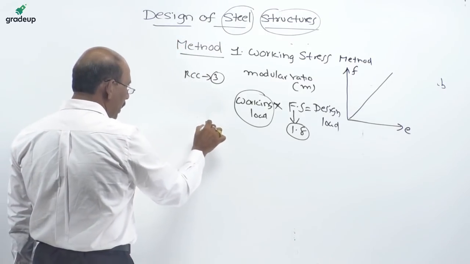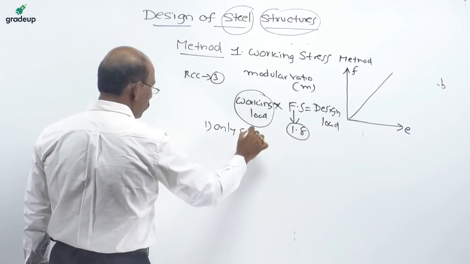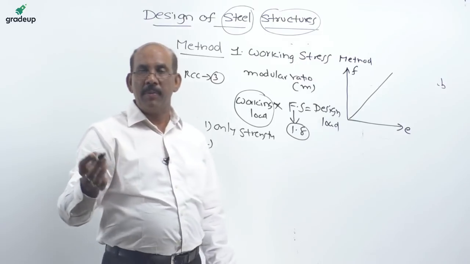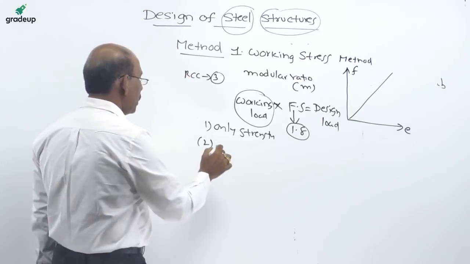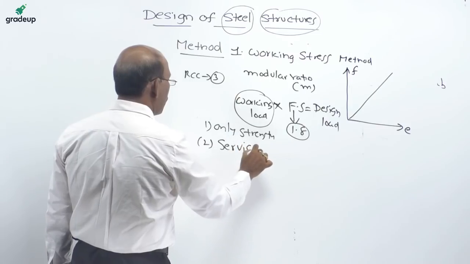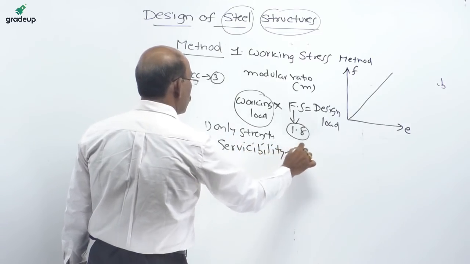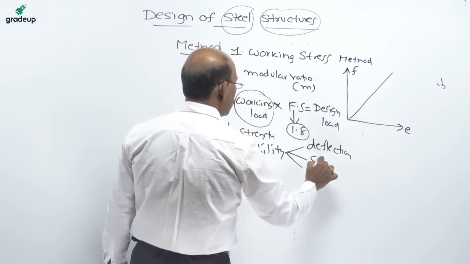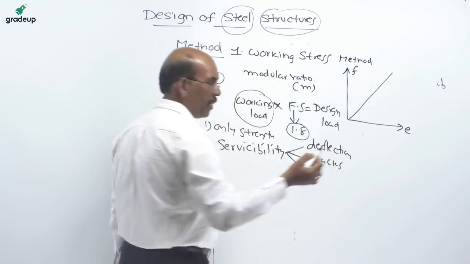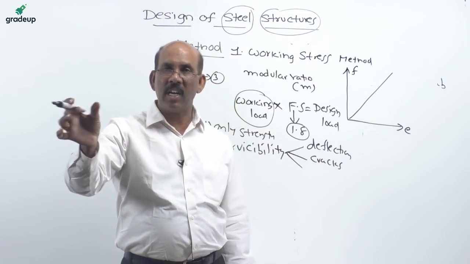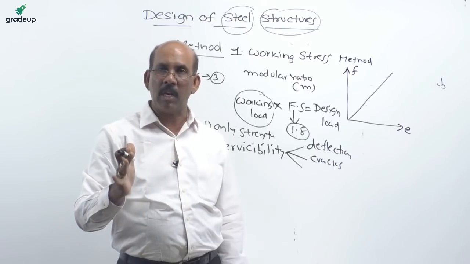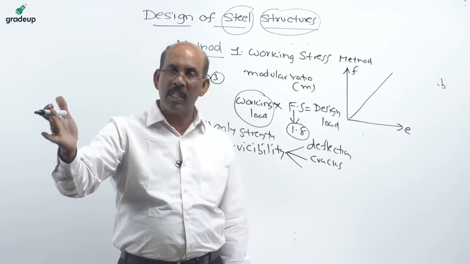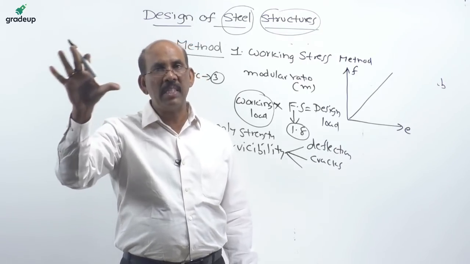This method ignores the serviceability requirements, which are mainly deflection, cracks, shear, etc. These are not considered in this method. Therefore, the structure is good for strength, whereas for serviceability, the cracks give a displeasing appearance.